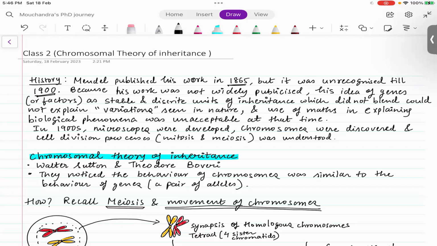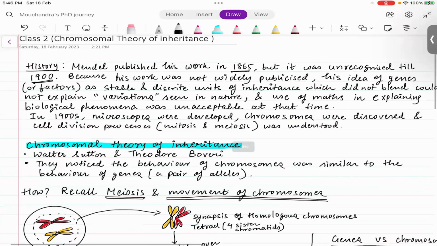These are different types of cell divisions. So in the 1900s, his work was rediscovered by a few scientists, and they tried to repeat his work, give credibility to it, and applied his results in their own work.